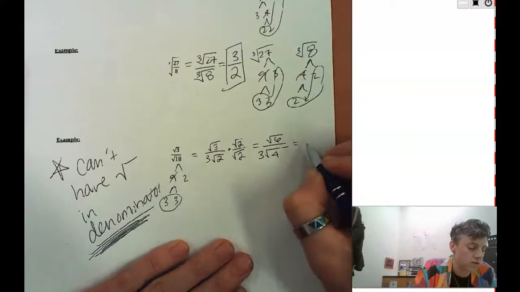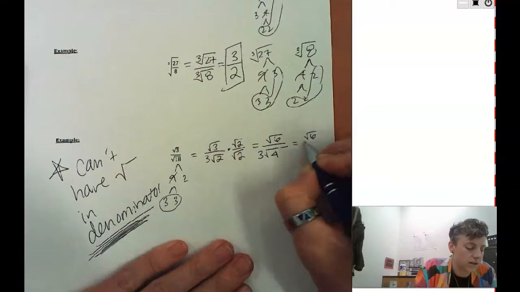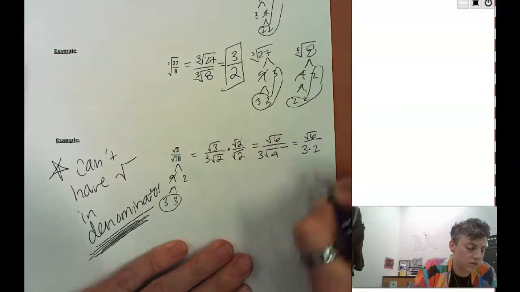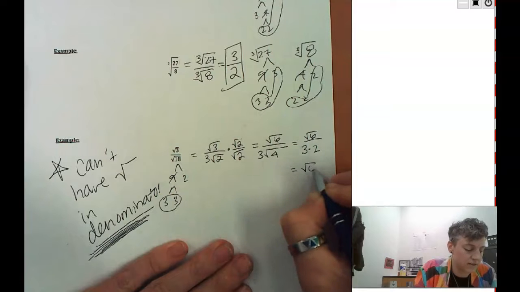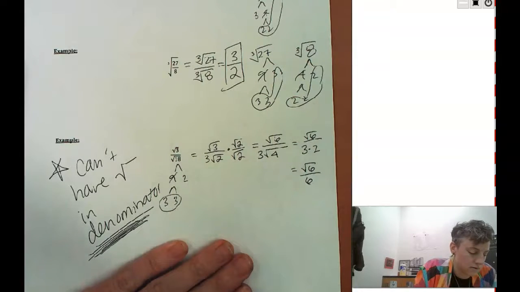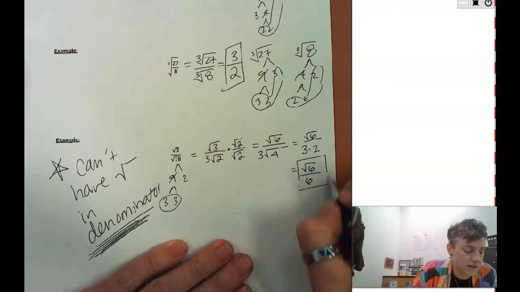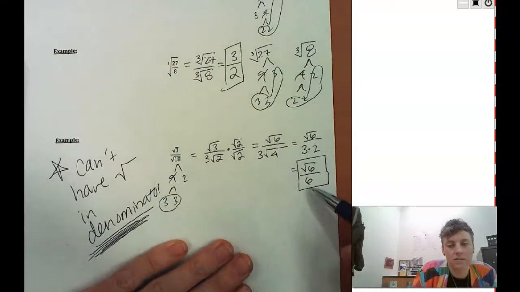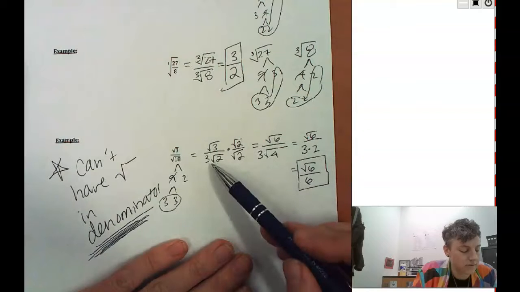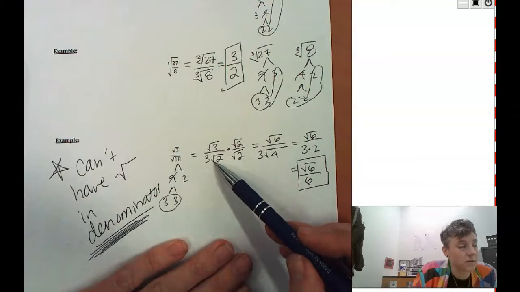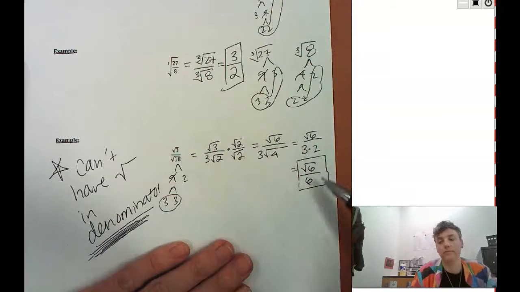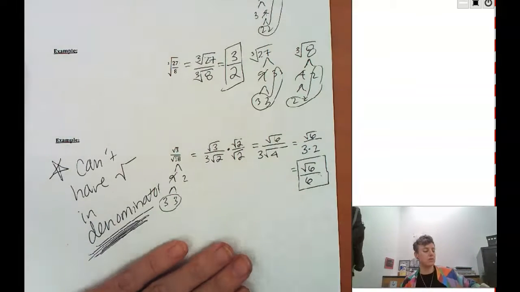So this is really square root of 6 over 3 times 2, which is the square root of 6 over 6. Now, if we did division by hand, we would just be dividing by 6. That's a lot easier than dividing by 3 times 1.414 and on and on. That's our answer. Great. So good.